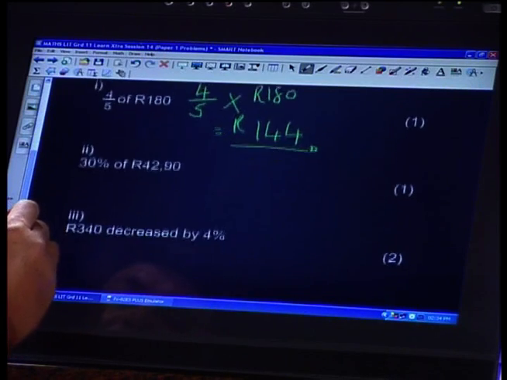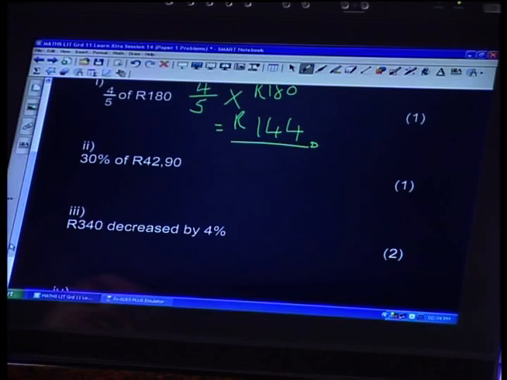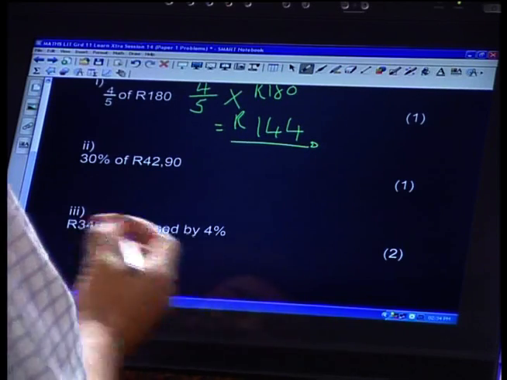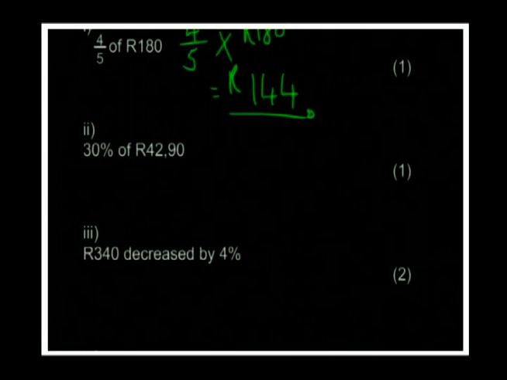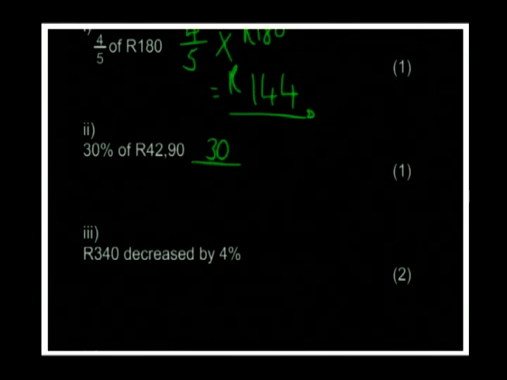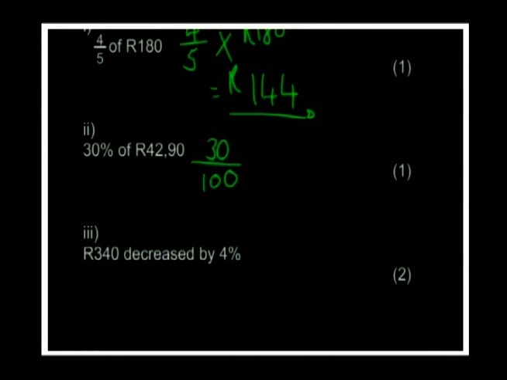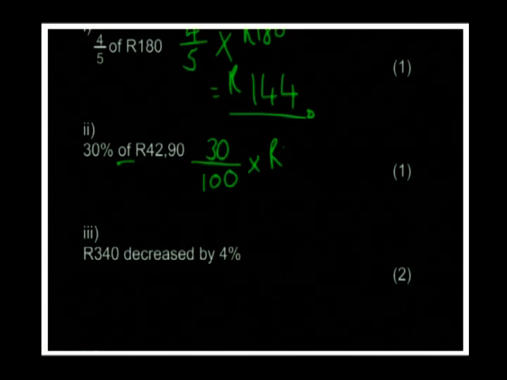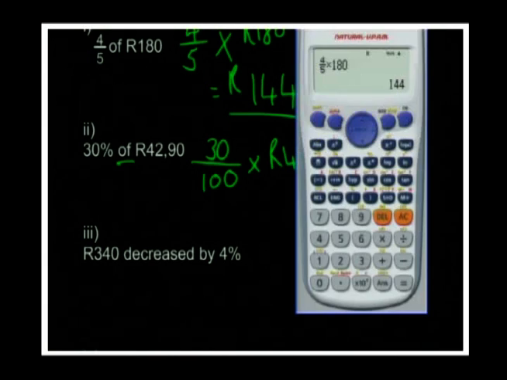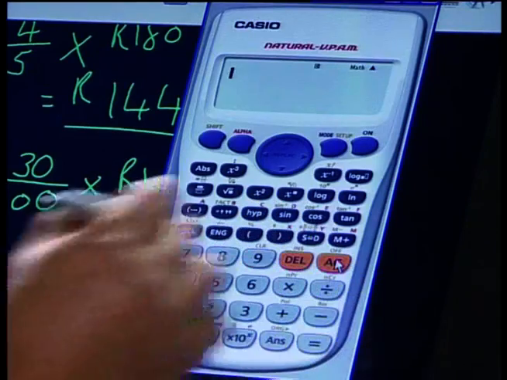Next question. 30% of 42 Rand 90. Again, there's no story. It's just, find 30% of 42 Rand 90. Now, 30% means 30 over 100 because percentage is over 100. Of, here's that word again, meaning multiplied. And we're going to multiply it by 42 Rand 90. So let's take out this wonderful calculator and away we go.